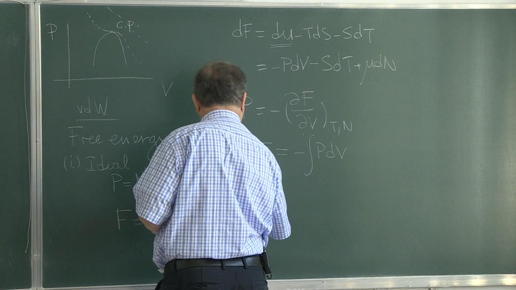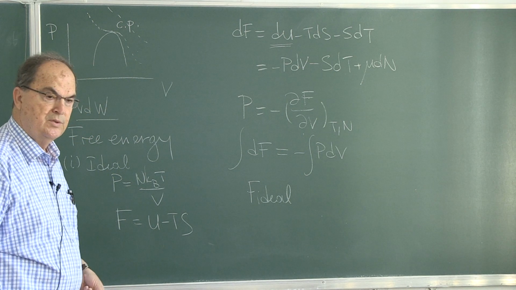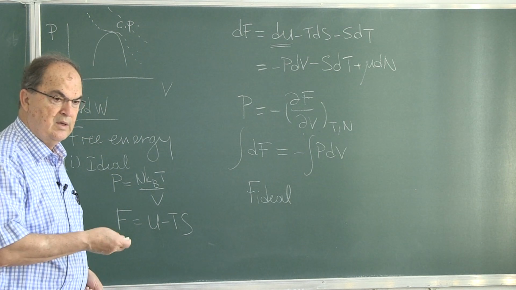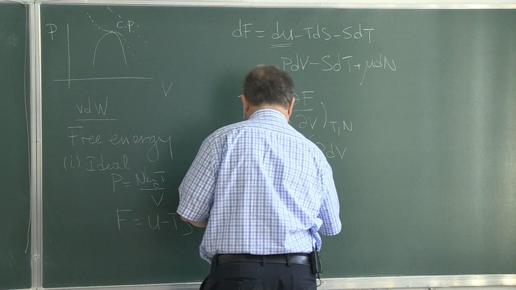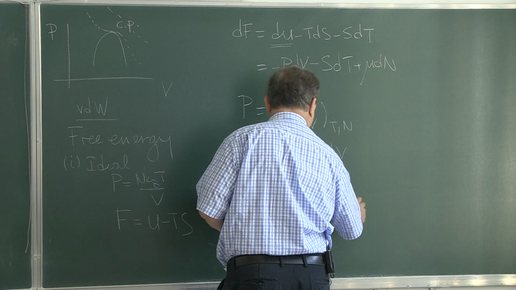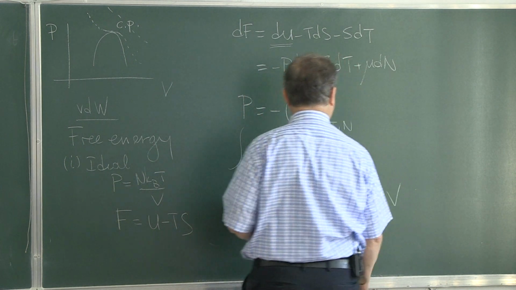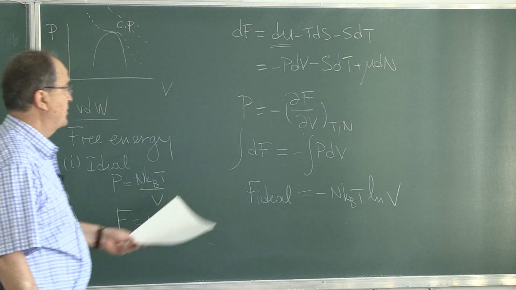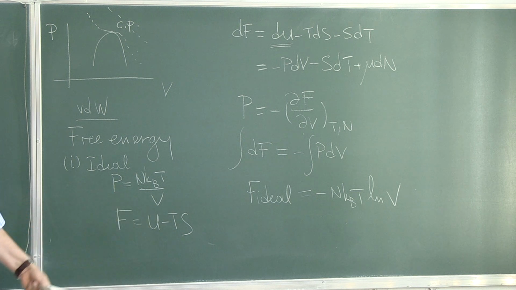Ideal Helmholtz free energy, we can also call this A, as in your book, is minus NkBT, and then the volume, because P is inversely proportional to volume, dV over V gives you ln V. Very simple.